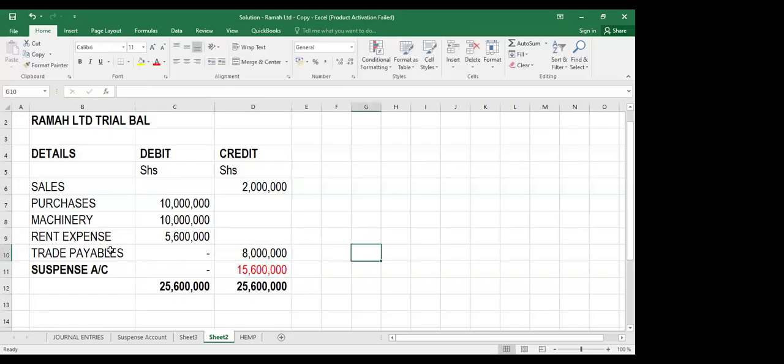So from here, when you realize there is this difference, that's when you go back. Where did I make the errors? And the journal entries we've been making are to correct the errors.